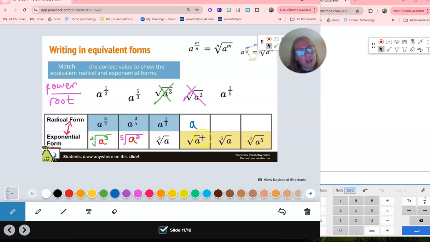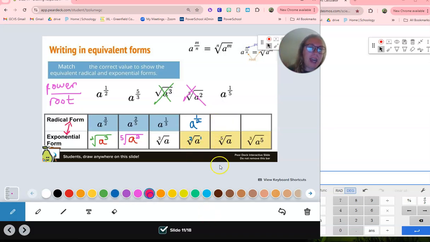Our power is 1, it's an a to the 1st, and our root is 2. So this is an a to the 1/2. When the power is 1, we're not going to see that little 1, and when the root is 2, we're not going to see that little 2. That's the only time that happens, when we see them as imaginary. That's something important to notice for your notes.